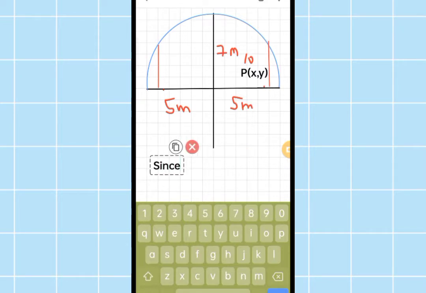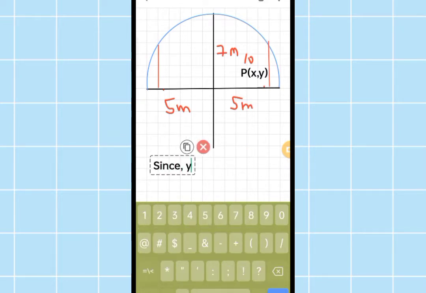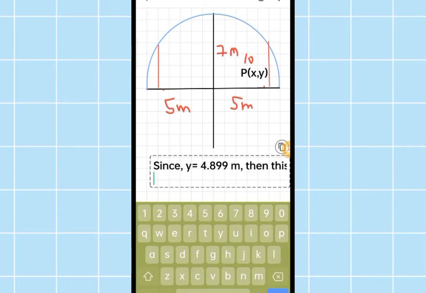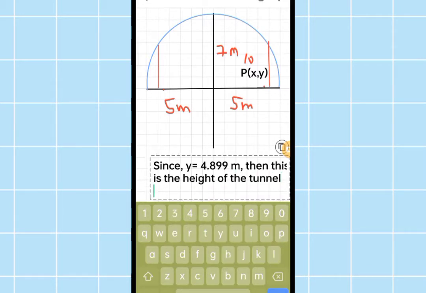Since y equals 4.899 meters, this is the height of the tunnel at the edge of each lane.